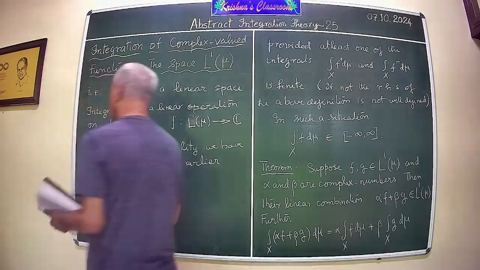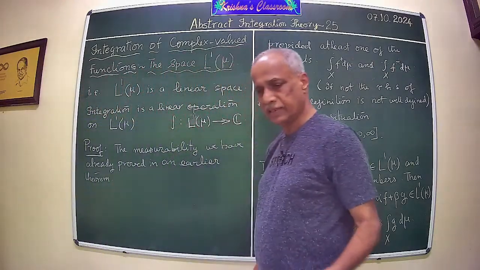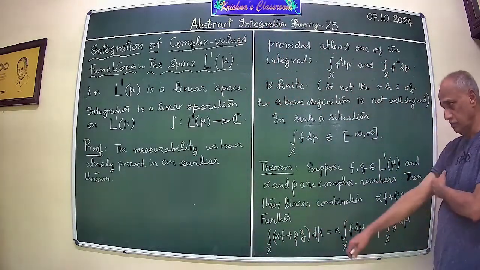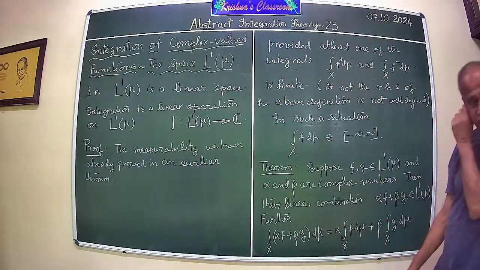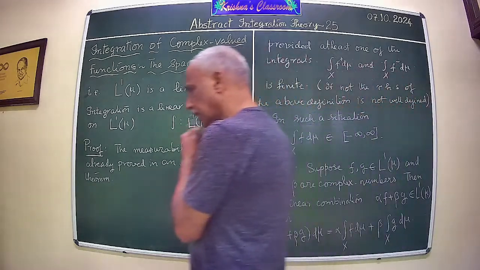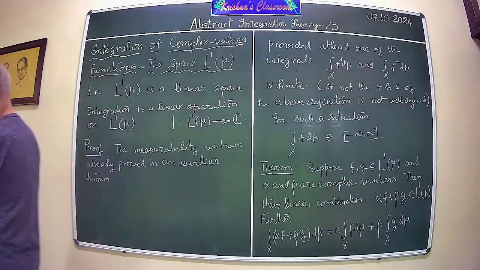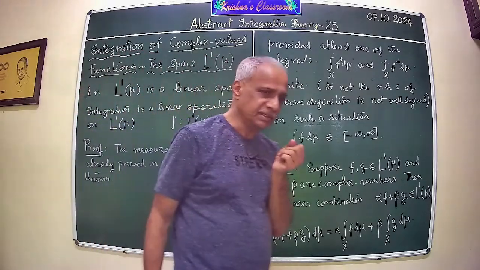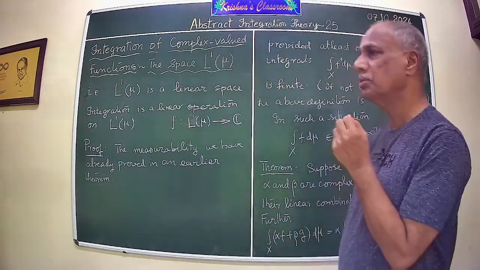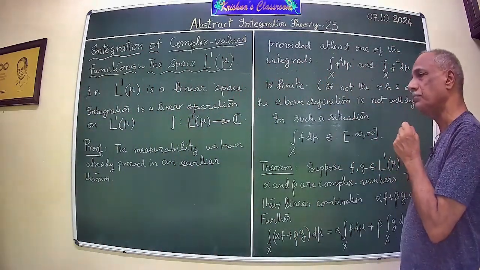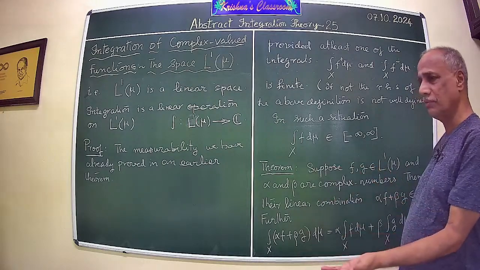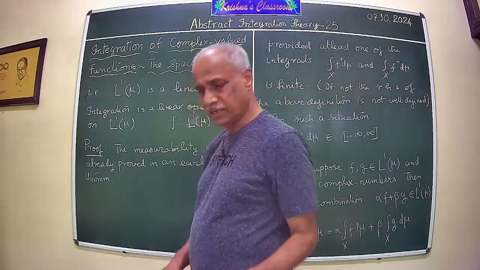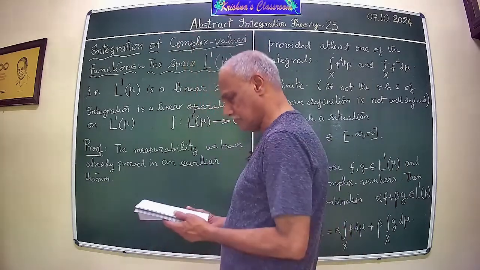And you recall what we have proved is that if f is complex valued and measurable and g is complex valued and measurable, then f plus g is measurable. So also fg is measurable. This we have proved earlier. So the measurability is already done, taken care of.